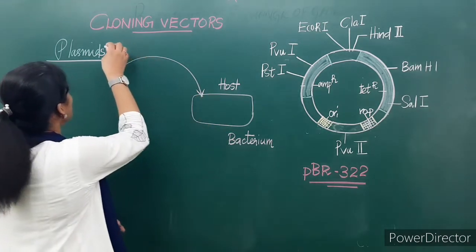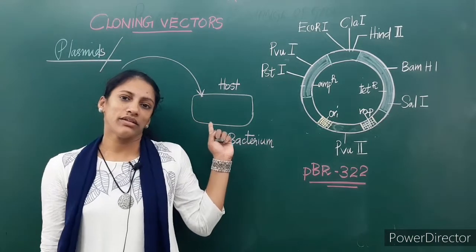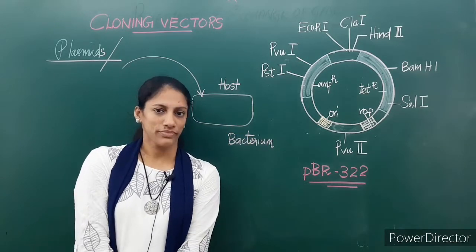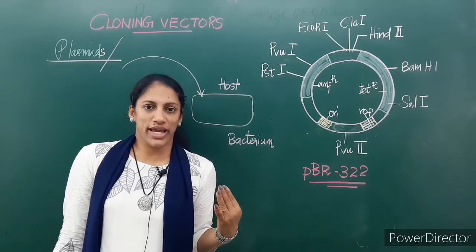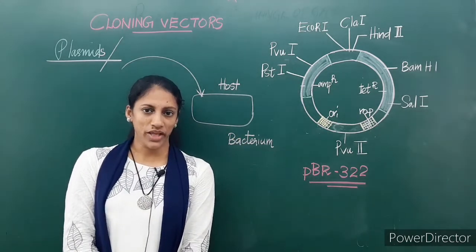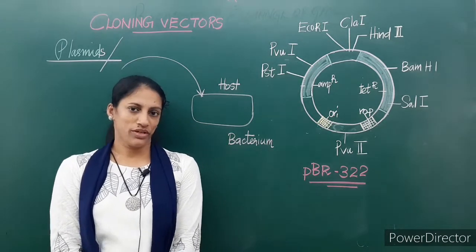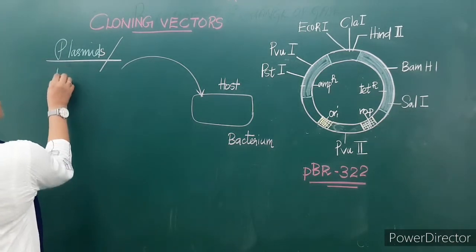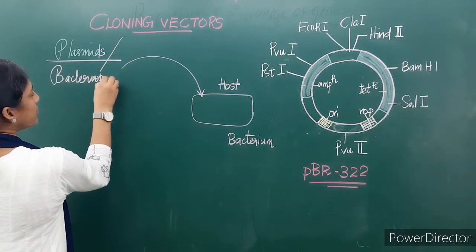So listen here, can you tell me another organism which can enter into a bacterium? Can you tell me an organism which can have its expression in a bacterium? It is nothing but a virus which infects a bacterium. Similarly, we are introducing plasmids, and we can also introduce bacteriophage to the bacterium.